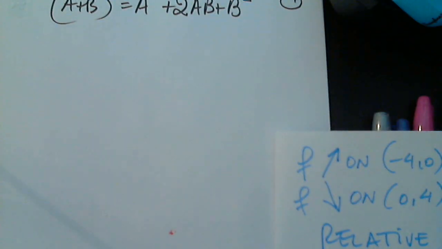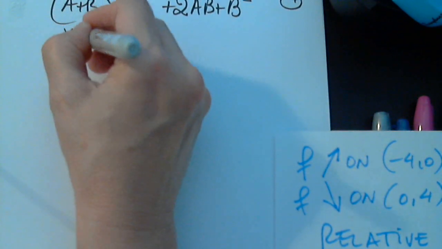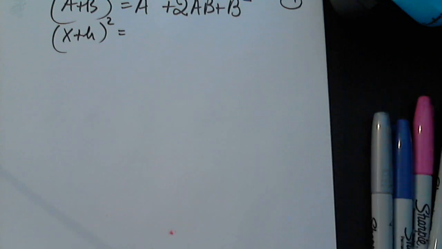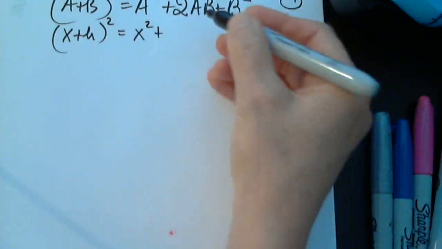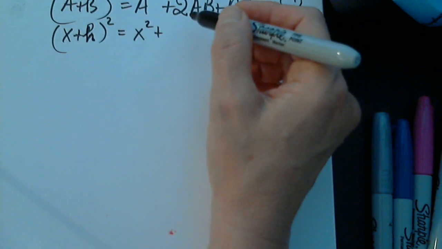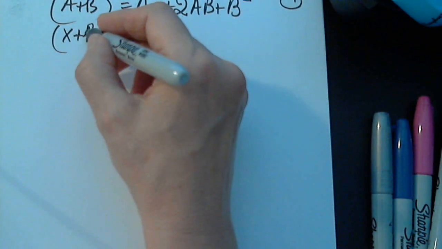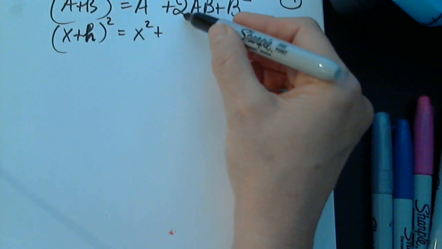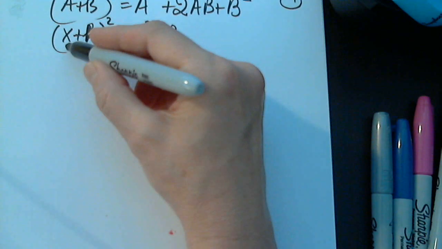So, keeping in mind that what we have is x plus h squared, can anyone give us the x plus h squared? Would it be x squared plus 16x? So this is h. Oh, that's an h? Yes. Oh, I thought you said 8. So would it be 2bh?